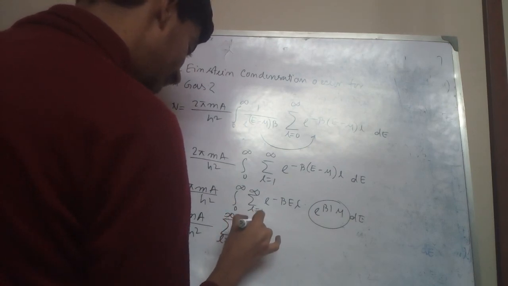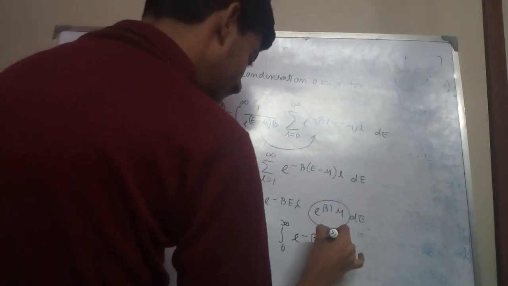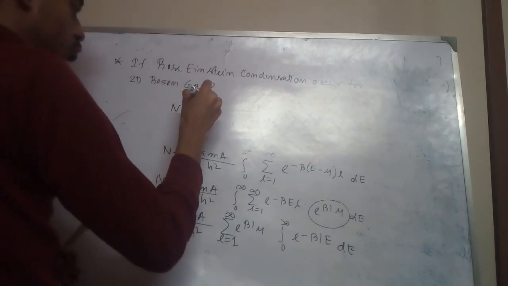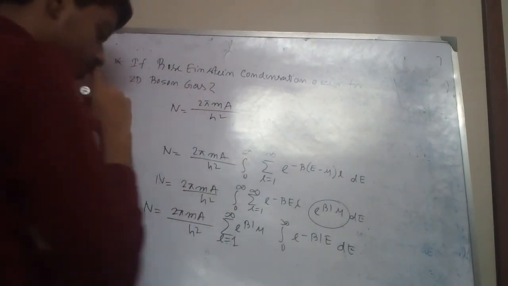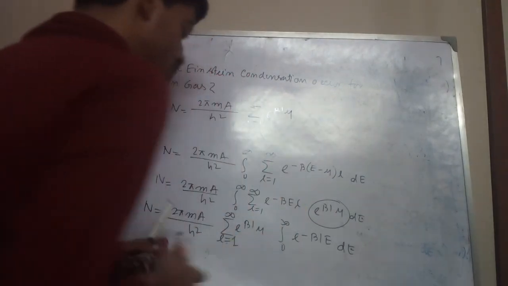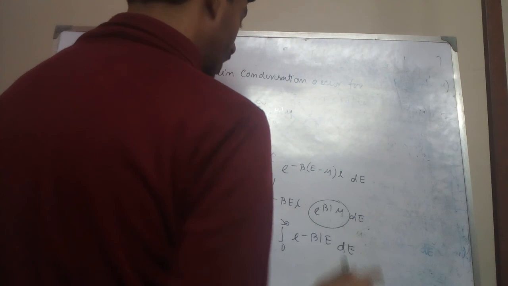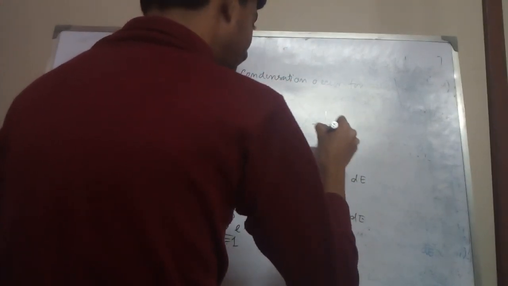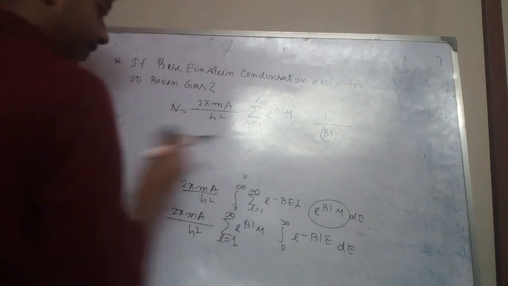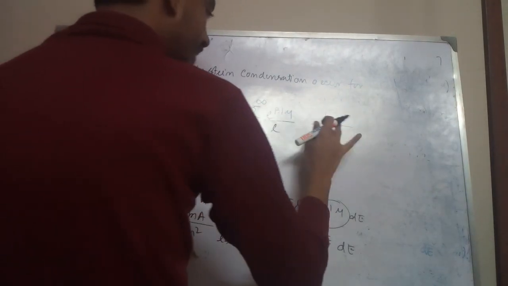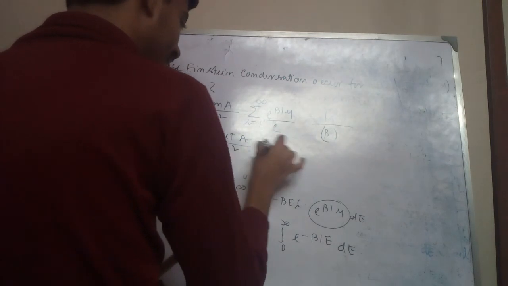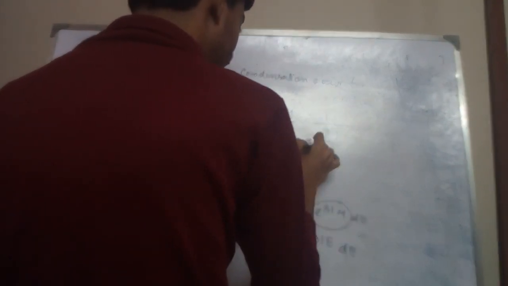So N is 2 pi mA by h square, sum over L from 1 to infinity of e to the power beta L mu, and this integral gives gamma 1 by beta L, that is kT by L. So if we insert the value of L here, 2 pi mkTA by h square, sum over L from 1 to infinity of e to the power beta L mu by L.